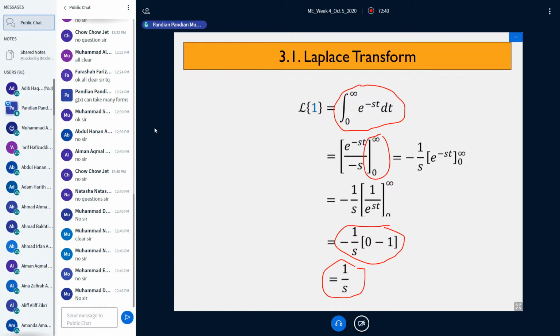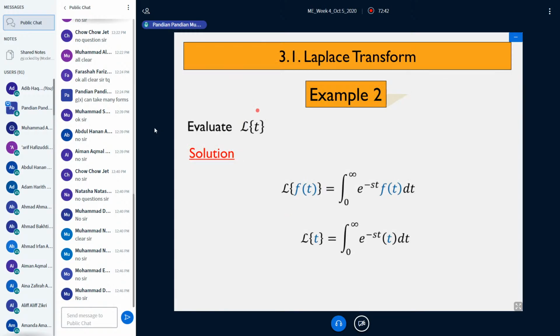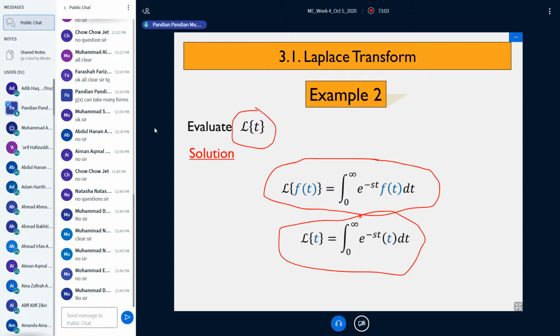Similarly, if you apply the same formula for Laplace of t, Laplace of f(t), this is the general formula: the integral from 0 to infinity of e minus st f(t) dt. Your f(t) is t. So Laplace of t is the integral from 0 to infinity of e power minus st times t dt. If you want to integrate this, the right-hand side, you must use integration by parts, the integral of u dv equals uv minus the integral of v du.